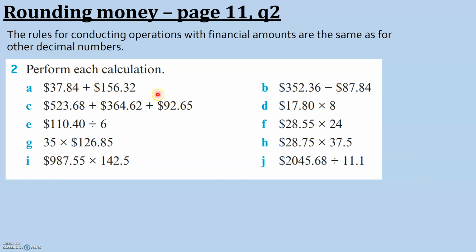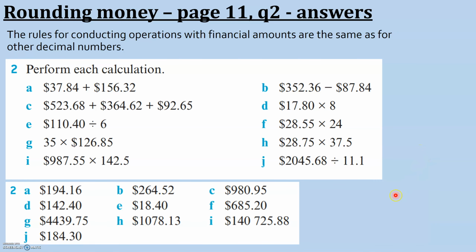You could just do these sums on your calculator and just check in with the answers on the next slide. So just pause here, quickly run through those, and then you can check your answers. Alright, and there's the answers for that. Again, just pause it. This slide is really just a quick check, just to make sure that you're doing these sums right.